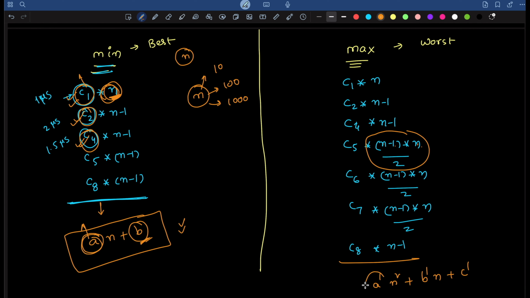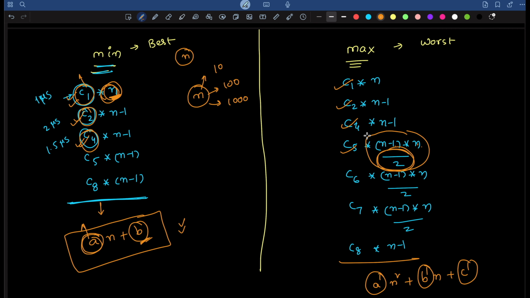Again, a dash, b dash, c dash are constants derived from C1, C2, C4, C5 and so on. We also have a factor of 1 by 2 because of the division by 2 in n minus 1 into n by 2.